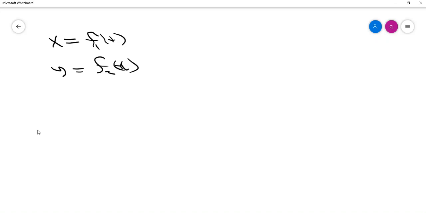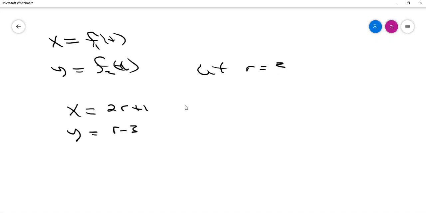So we could pick a couple of examples where x is equal to 2r plus 1, and y is equal to r minus 3, right? Now these r's are the same, but x and y are really independent of each other. No matter what x is, y depends on its own little function here, right?